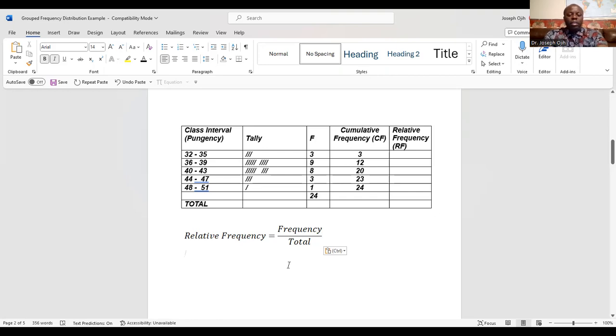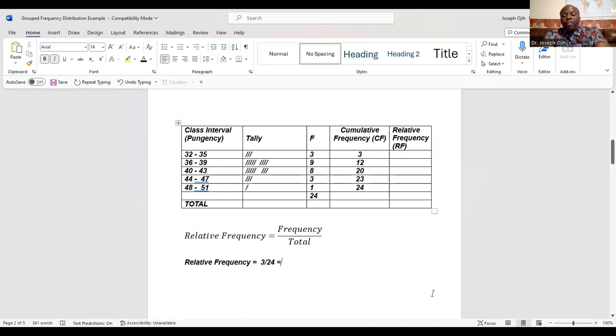For example, the relative frequency for the first number. RF is the first frequency, which is 3, divided by the total. The total is 24.